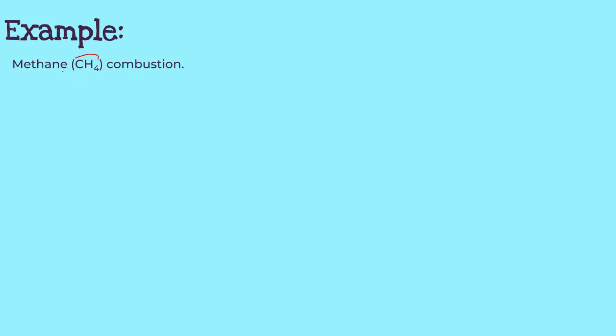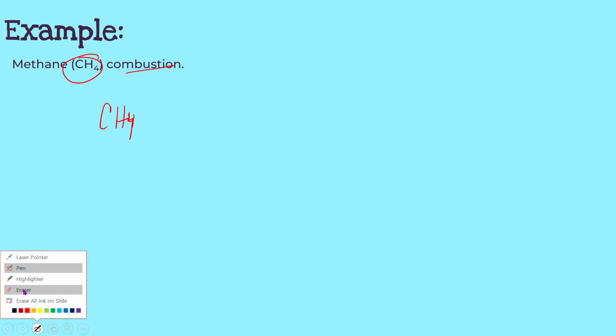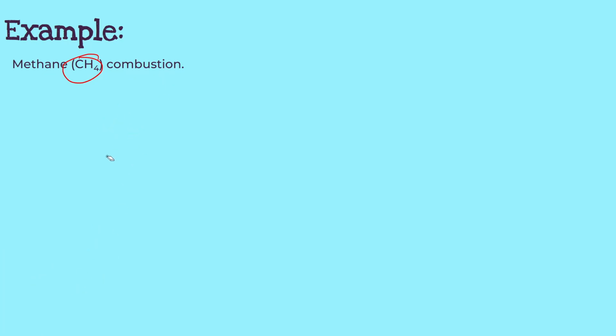All right, so here's our hydrocarbon, CH4. And the fact that they say combust, hold on. I didn't mean to, it looked like I crossed it out. Try that again. CH4, much better.